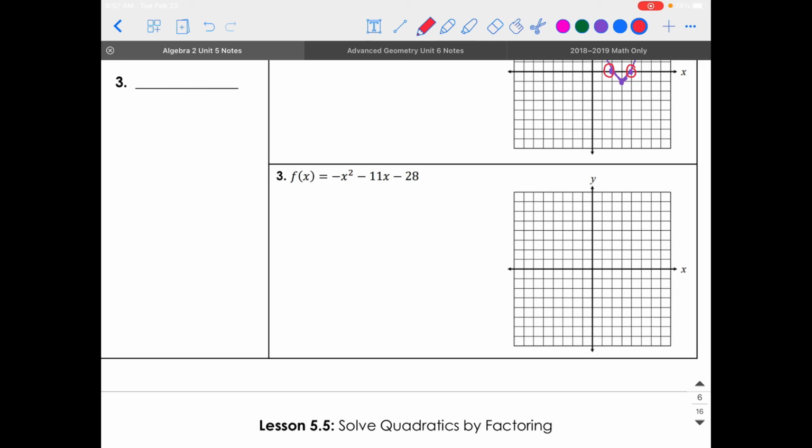The first one I can use is -7, 0, -6, 2, -5, 2, -4, 0, -3, -4. Now I also missed one, I could have done -8, -4. So I'm going to go back and fill that one in.